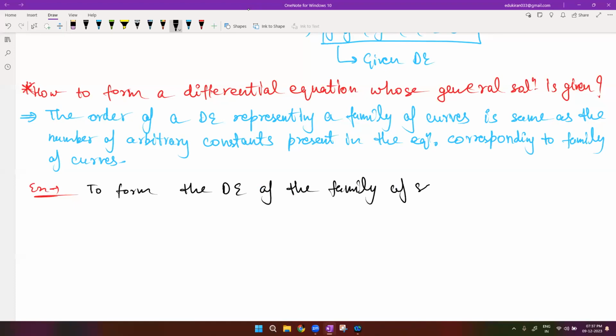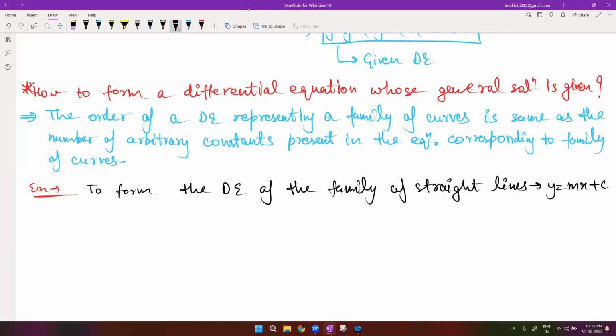Family of straight lines, meaning we are talking about the general equation of straight line. We're talking about all the straight lines. Okay? So the family of straight lines is represented as y equals mx plus c, right?